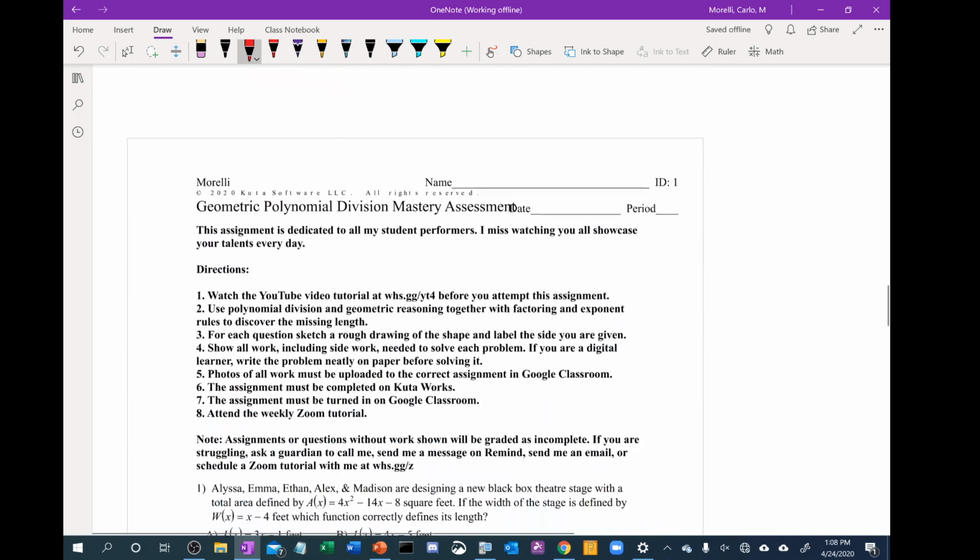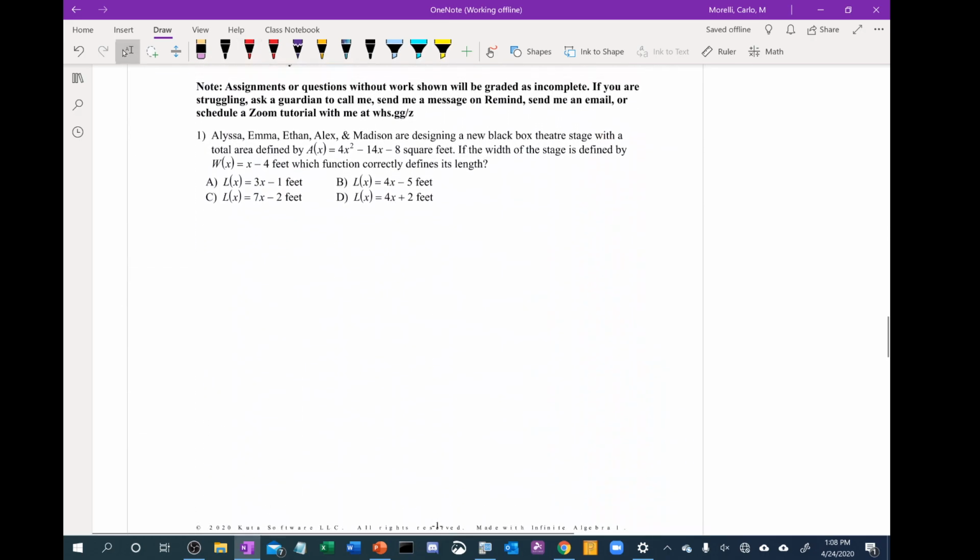Okay. Moving on to the mastery assessment. Number 1, Alyssa, Emma, Ethan, Alex, and Madison are designing a new black box theater stage with the total area defined by A of x equals 4x squared minus 14x minus 8 square feet. If the width of the stage is defined by W of x equals x minus 4 feet, which function correctly defines its length?